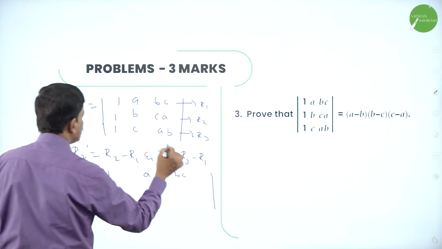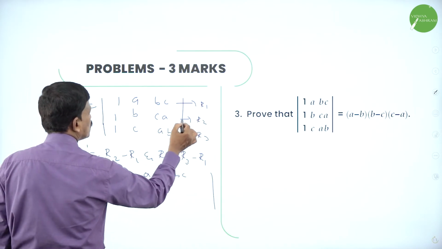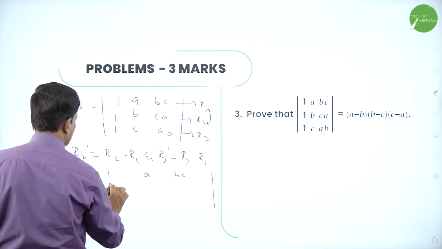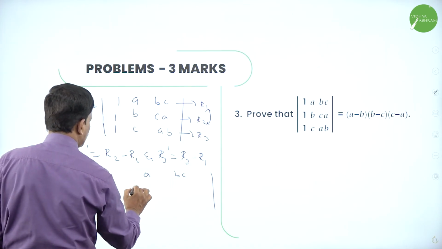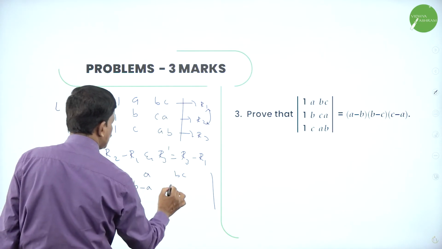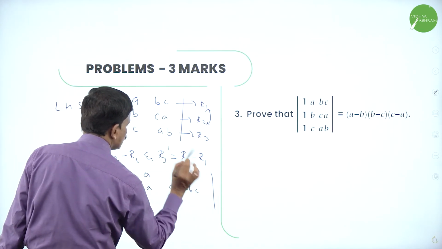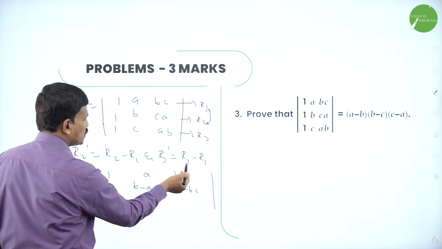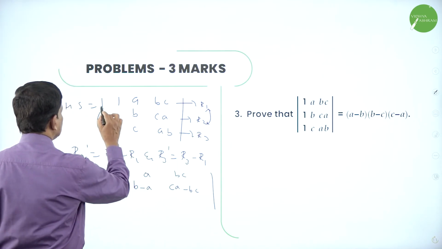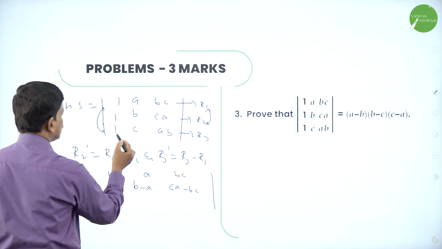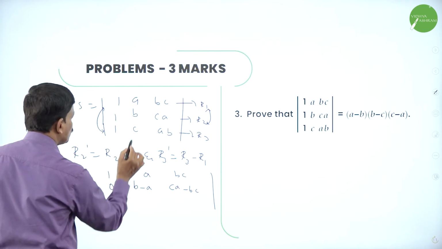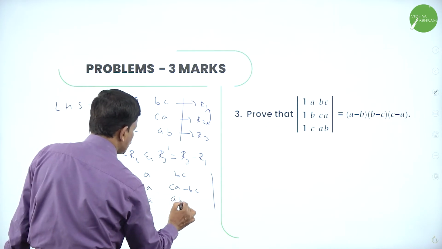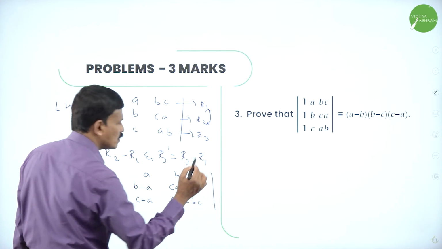You are changing R2 to R2 minus R1, this minus this: 1 minus 1, 0, b minus a, and ca minus bc. That is the second row. Next, R3 dash is equal to R3 minus R1, this minus this: 1 minus 1, 0, c minus a, and ab minus bc.